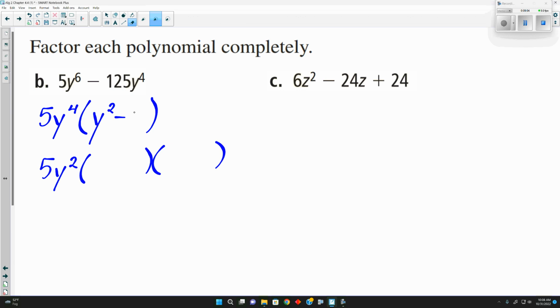I was getting ahead of myself. Because 5 goes into it, this should be 25. Yeah, I was looking for a perfect square, and I don't know why my brain just said 4, but it did. Thank you. I was probably thinking of the y to the 4th.